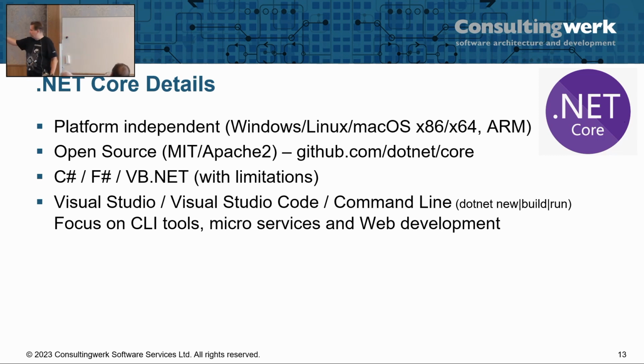It's focusing on C# and F# as languages. There's just limited support for VB.NET. Tooling is available in Visual Studio Code, or command line tools. And like with a lot of the web development tooling these days, a command line interface for build and templating, etc., is very, very key to tooling these days.